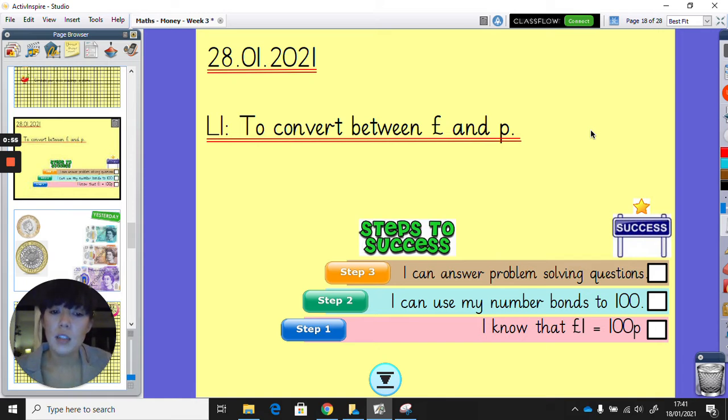Step 2: I can use my number bonds to 100. These are going to come in really useful today when we're thinking about pence, because remember there's 100p in £1, so it's a very important number. And step 3 is our chilli challenge, answering problem-solving questions.